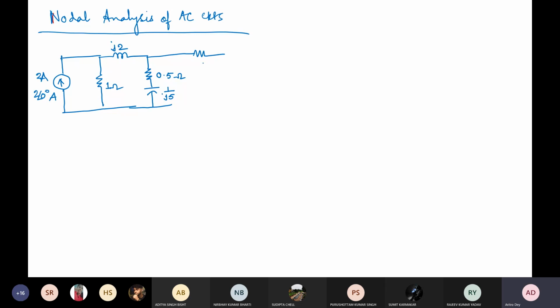This is a resistance of 2 ohm, and that too with a capacitance XC equal to something. Then a 1 ohm resistance that is in parallel with a 1 ohm inductive reactance.